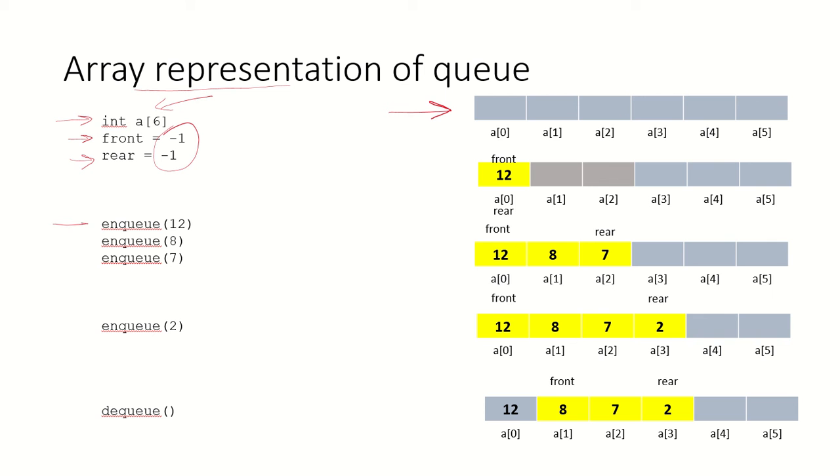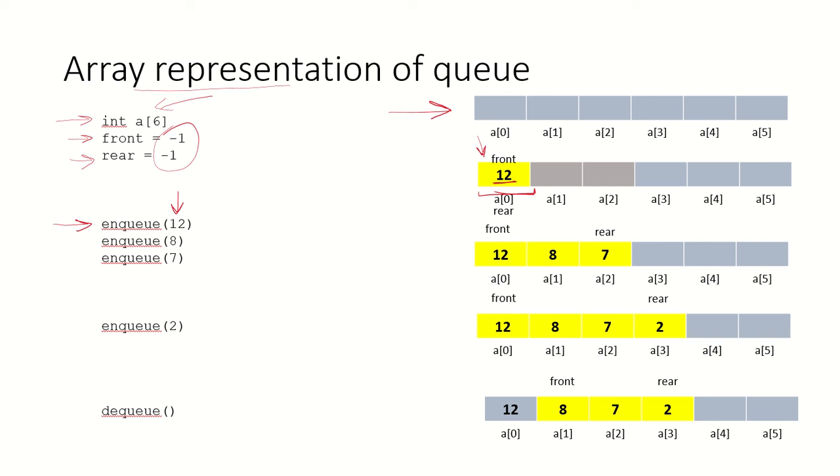Suppose we do an enqueue operation. Enqueue means putting elements in a queue, or adding elements in a queue, and we want to push in an integer 12. Currently this queue is empty, and when we put 12 in this queue, this will be our active queue, and this is the first element.